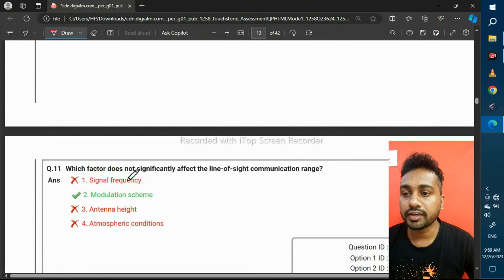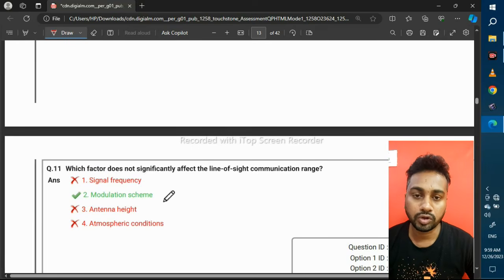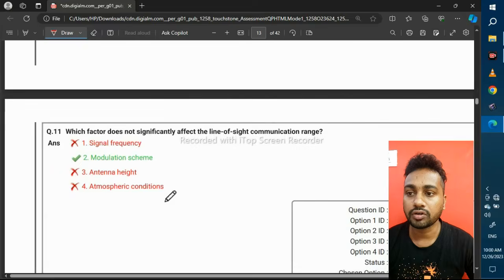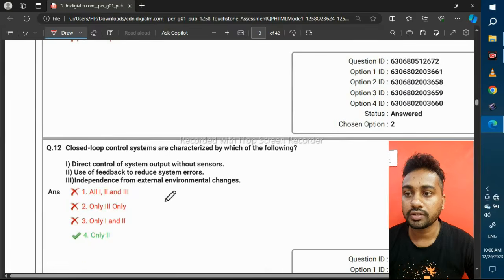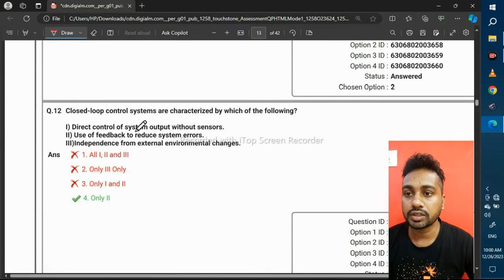Next, which factor does not significantly affect the line of sight communication range? Whatever modulation scheme we are using, it will not affect the line of sight communication range. Okay, closed loop control systems are characterized by which of the following?